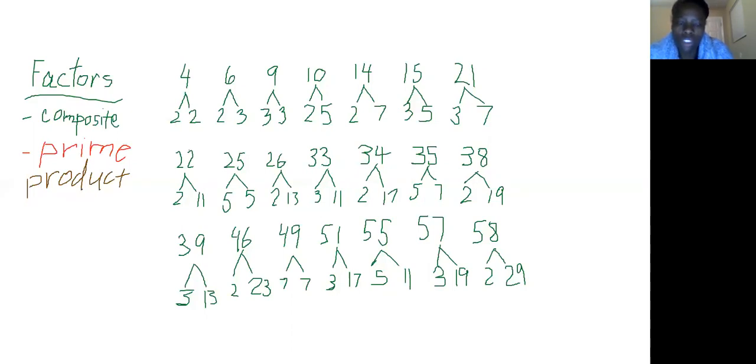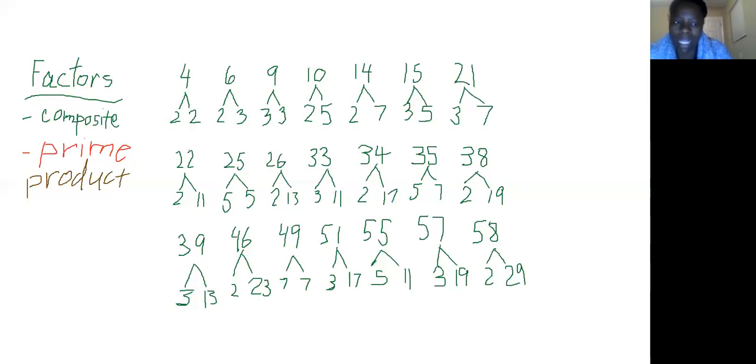Okay, I want you to also notice that the factors that make up these composites are prime. These are prime numbers. So the factor trees are a display of prime factors of a composite number.